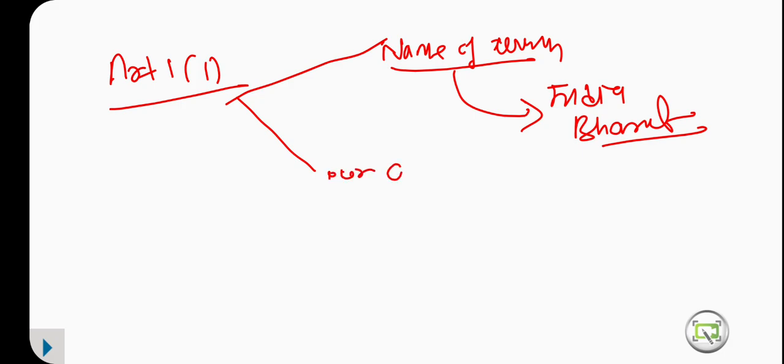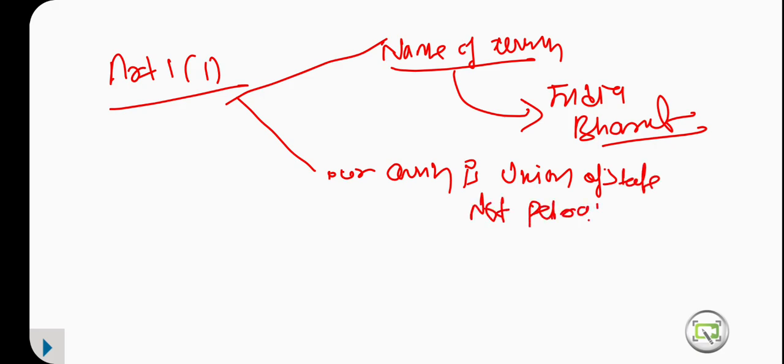So this is all about Article 1 Clause 1. What do we study in Article 1 Clause 1? We study two things. First, the name of our country. According to Article 1 Clause 1, or according to our constitution, our country has only two names, India and Bharat.